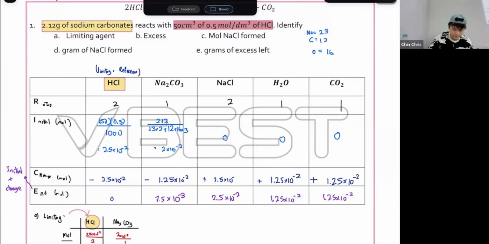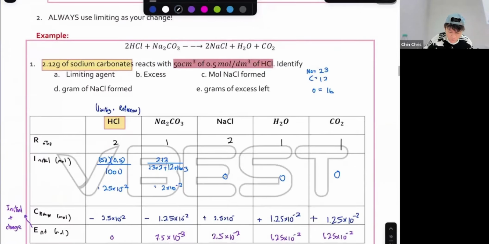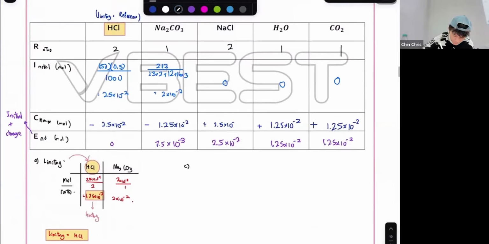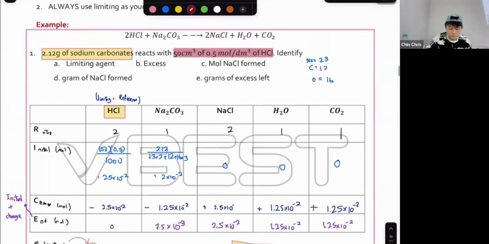What's my part C? Mole of NaCl formed. 2.5 times 10 to the power negative 2.